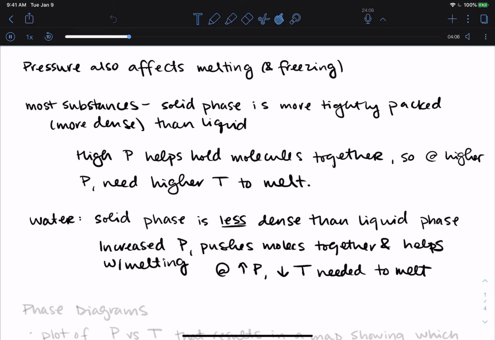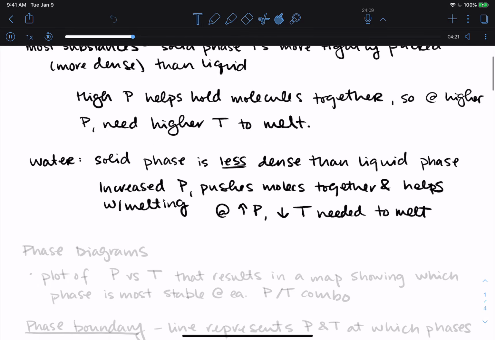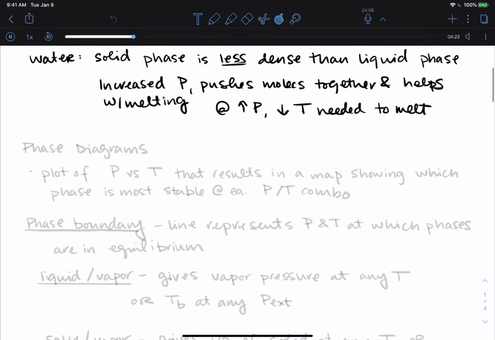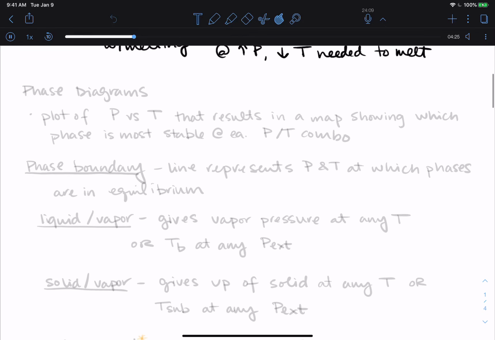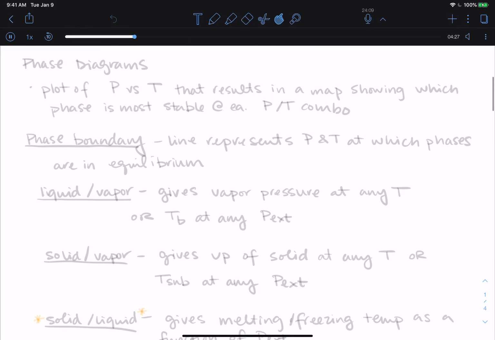So you will be able to look at a phase diagram and figure out if at high pressure you need a higher or a lower temperature in order for something to melt. So I promised you a picture, but I am going to give you a bunch of words to describe what's going on in a phase diagram, and then we're going to look at two examples so that you can see what each type would look like.